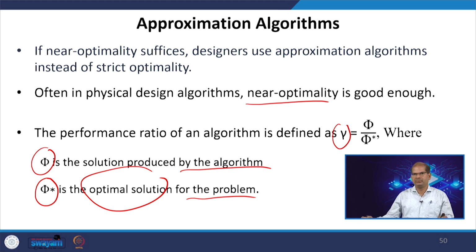For example, let us say we have different types of SPICE engines. One is called HSPICE, which is more accurate. It takes a long time, and it gives accurate results when you have smaller designs.